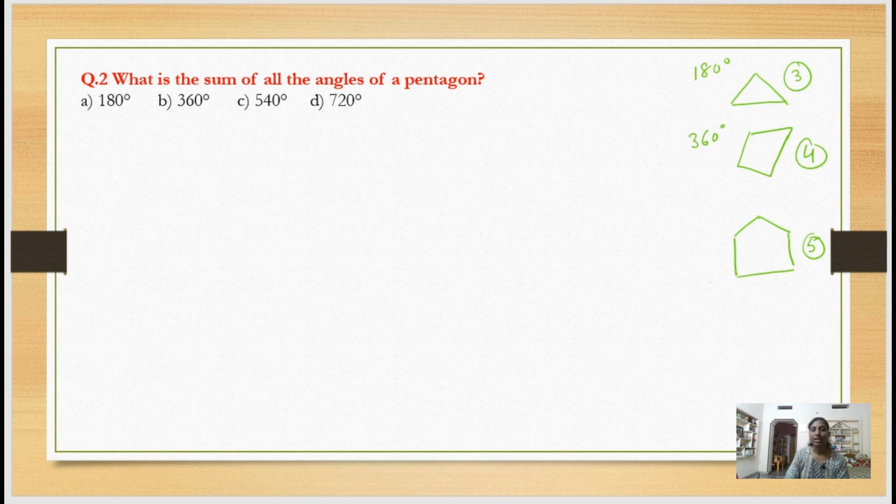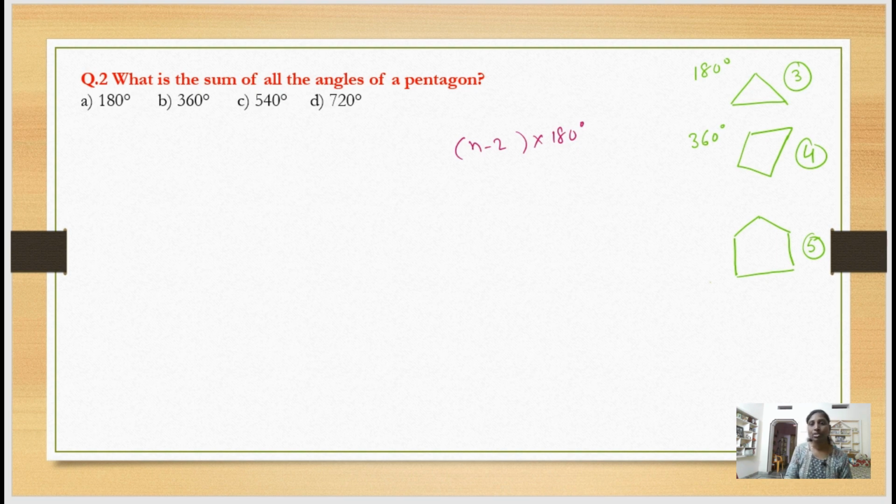Okay, now we have a general formula for sum of the angles of any polygon. Sum of the angles of any polygon is n minus 2 into 180 degree. Okay, now let us verify it for triangle.